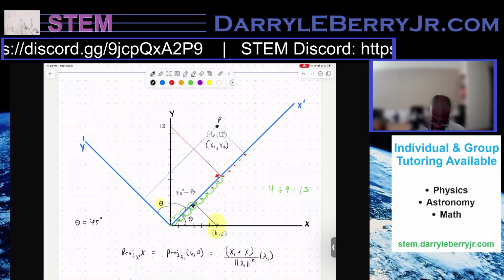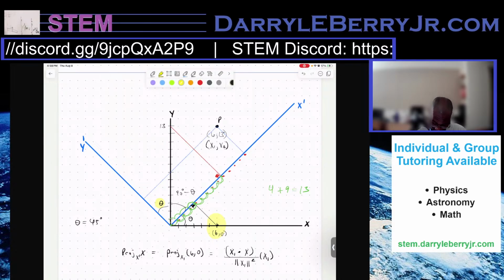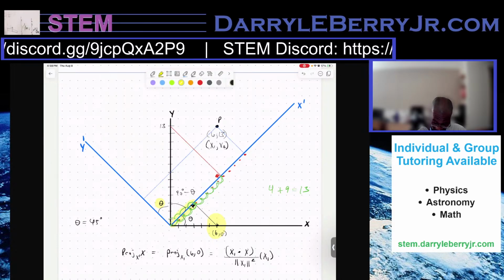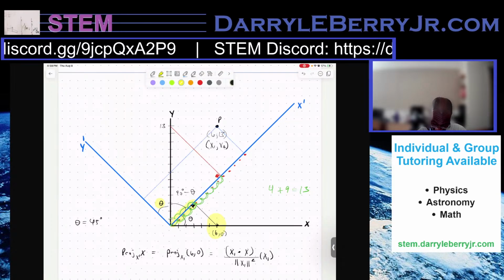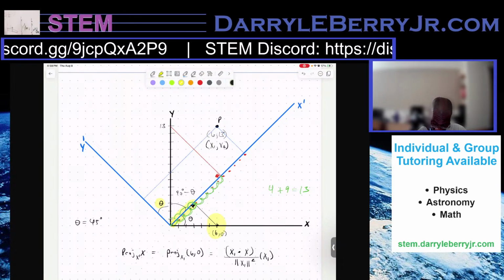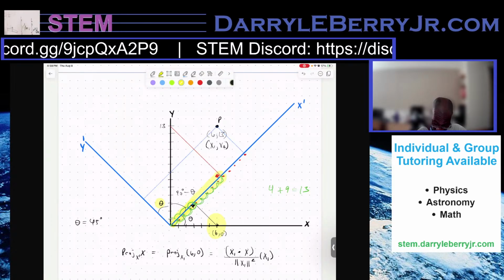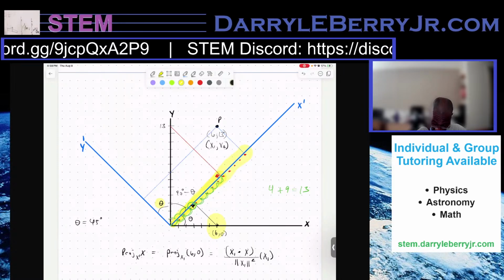Because I can see how the projection of x onto x prime is this. Projection of y onto x prime is this. Add those together, you get that.